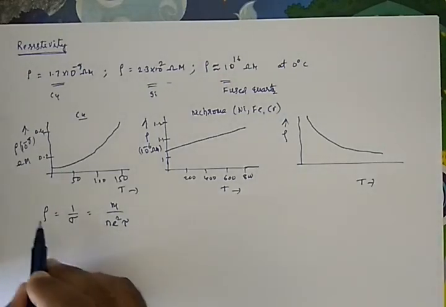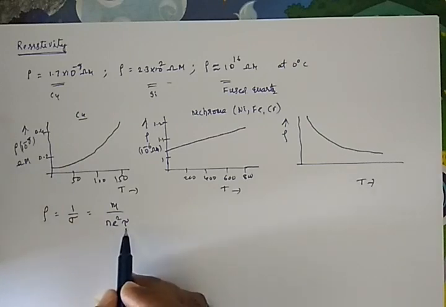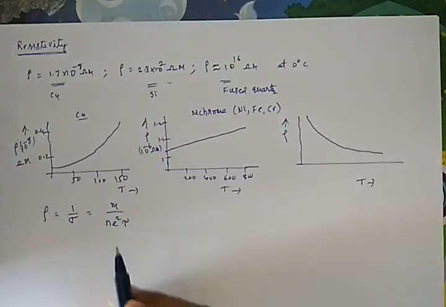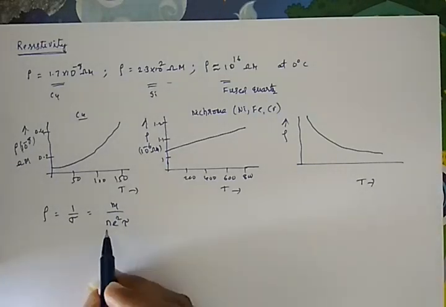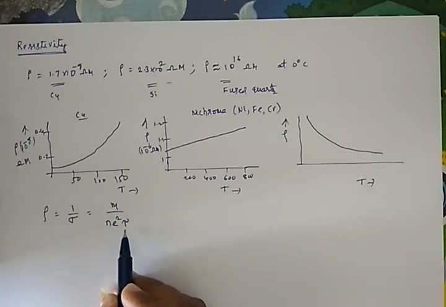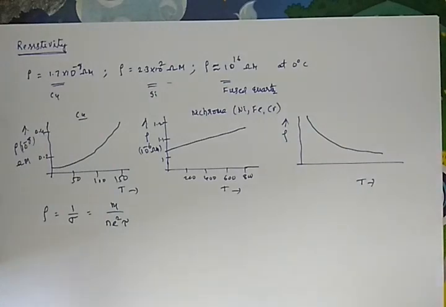The effect of t will be very small when compared to n, because initially there are no free electrons. As you increase temperature, the number of free electrons increases, so rho decreases. When rho decreases, conductivity increases, right?